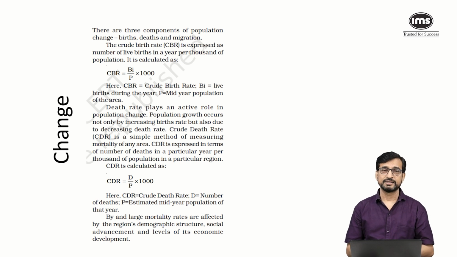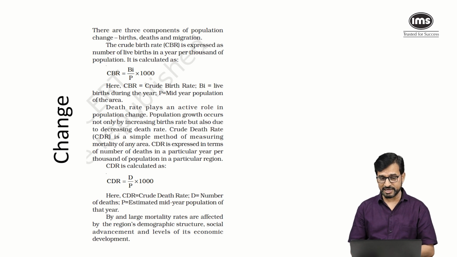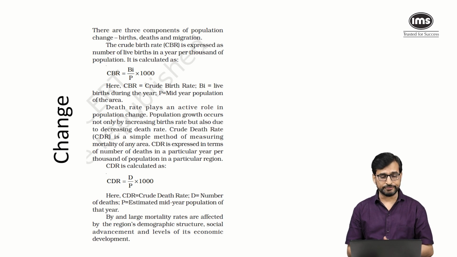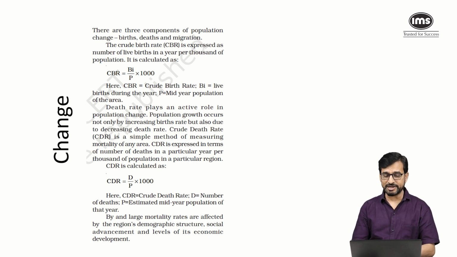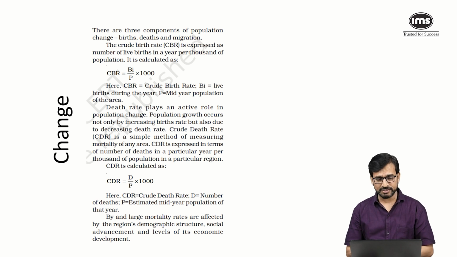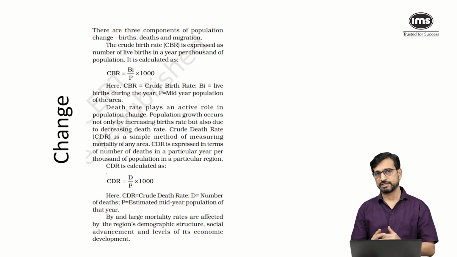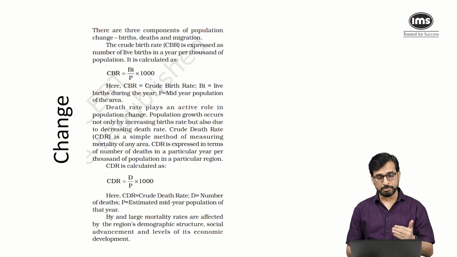So CBR is equal to B over P, where B is the births of a particular place and P is the mid-year population. And finally the third part, that is death, CDR. What is CDR? Again, the death rate: the number of deaths of a place, divided by the estimated mid-year population of that year, and finally multiplied by 1000. So that is how population change is studied.